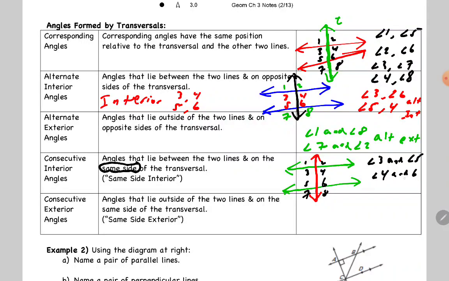So that's what it means to be consecutive interior. And then consecutive exterior, that would be angles 1 and 7, same side on the outside. Same side of the red line on the outside, and then angle 2 and angle 8. Consecutive exterior.